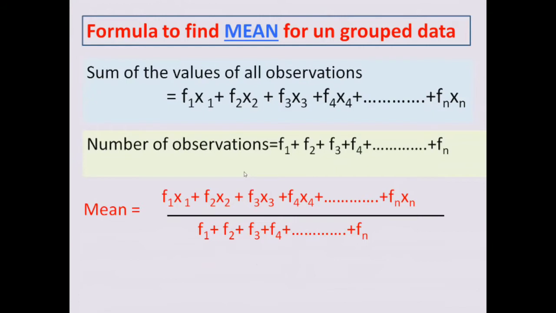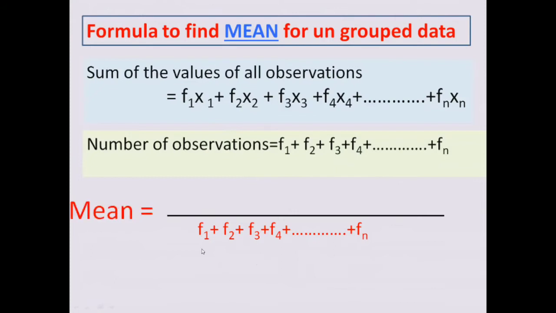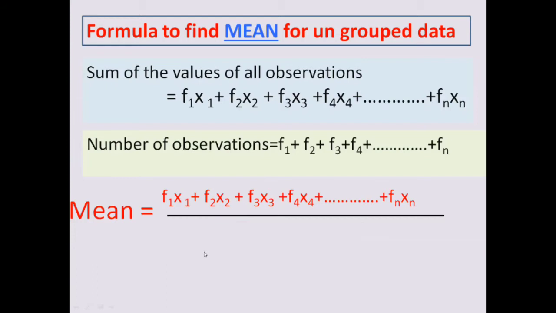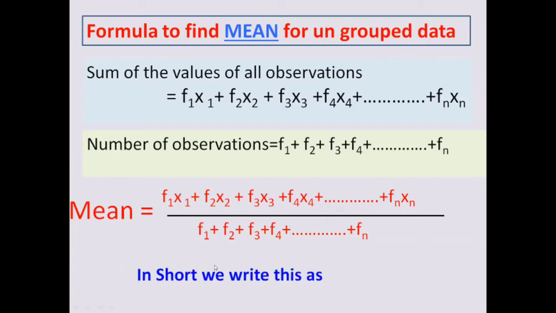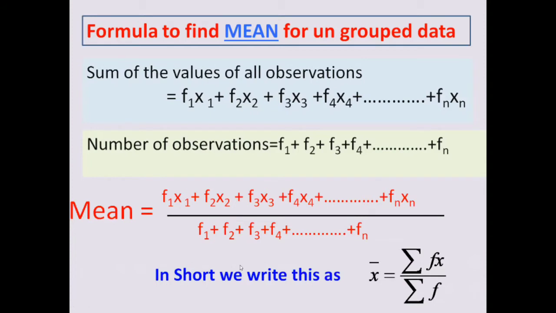In place of that, we write f1x1 plus f2x2 plus f3x3 plus f4x4 plus up to fnxn, and in place of number of observations, we write f1 plus f2 plus f3 plus f4 plus up to fn. In short, we write the formula as x bar is equal to sigma fx by sigma f.